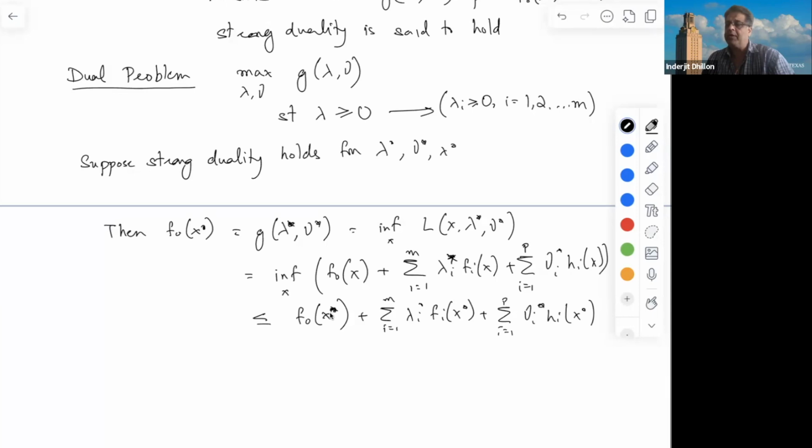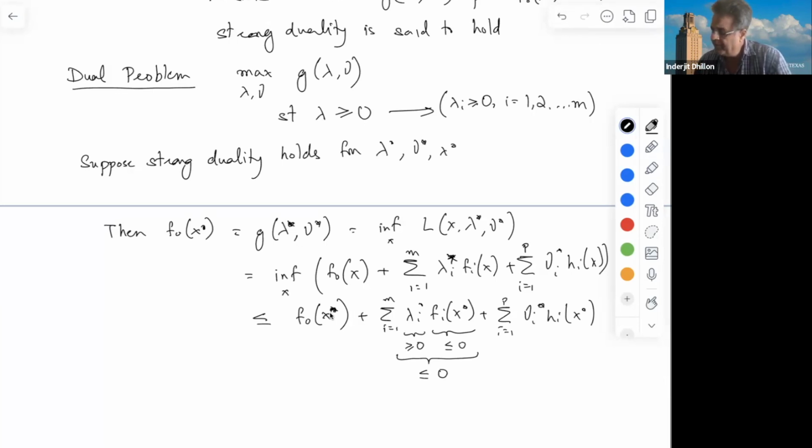Now we can look at some quantities. Lambda i star is dual feasible, so it is greater than or equal to 0. f i of x star is less than or equal to 0, so this quantity is less than or equal to 0.